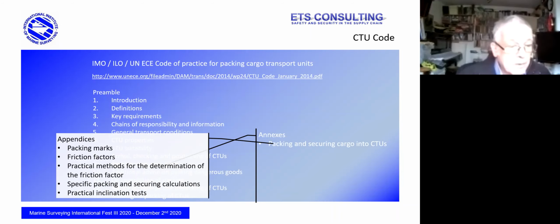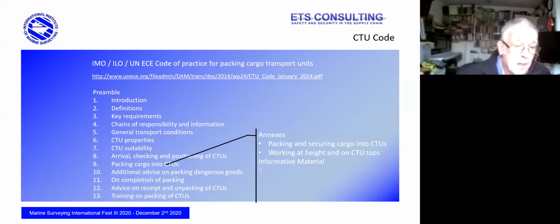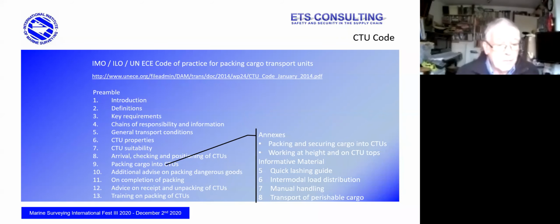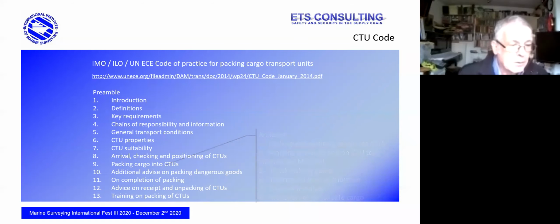So a lot of useful information. There's some working at height guidance, and then there are a couple of informative materials looking at the quick lashing guide, load distribution, very important, and transport of perishable goods. All useful stuff for helping the packer do his job properly.